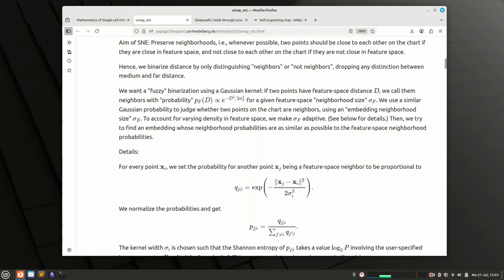And in order to make these probabilities, we normalize them, so that if we choose an index, a central cell i, we can say for every other cell where it is a neighbor with a probability p, such that overall the probabilities all add up to 1.